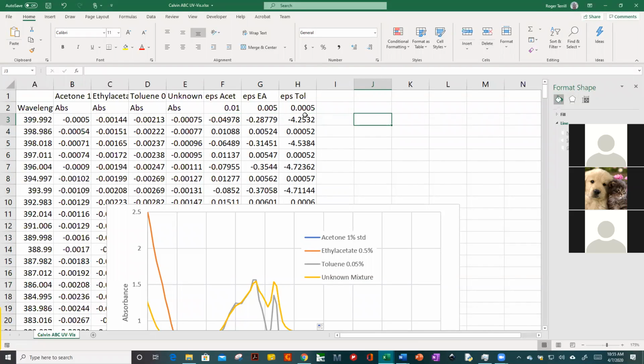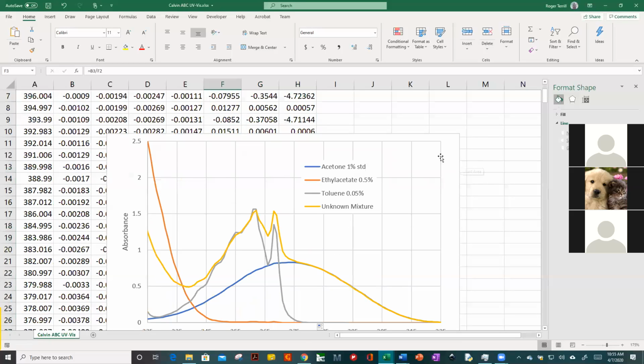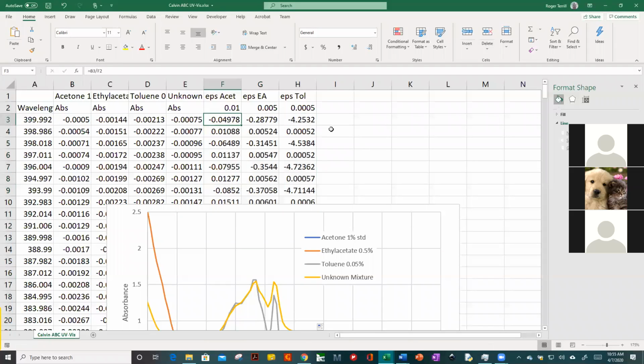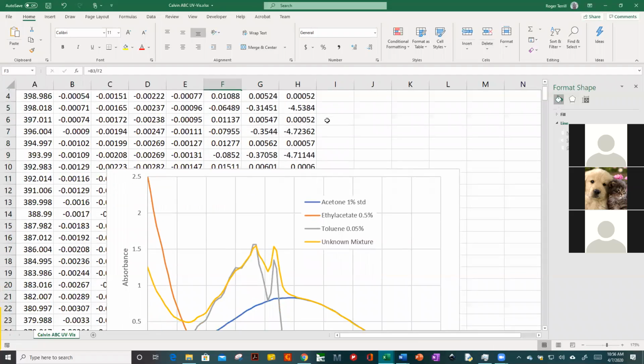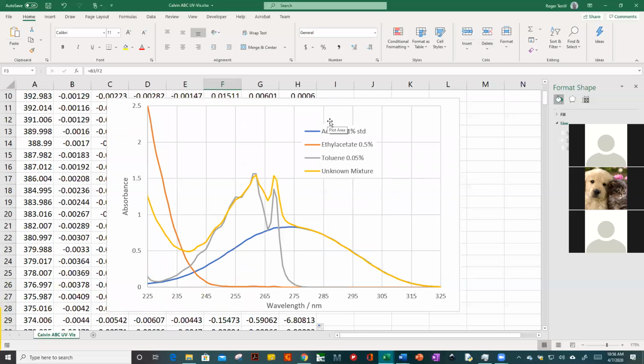Now these are the extinction spectra. So these are just copies of the absorbance spectra, but they're scaled to reflect the absorbance of a unit concentration of, say, for example, neat toluene or whatever at this path length. Although we're never going to actually observe that, because that's too large of an absorbance value.